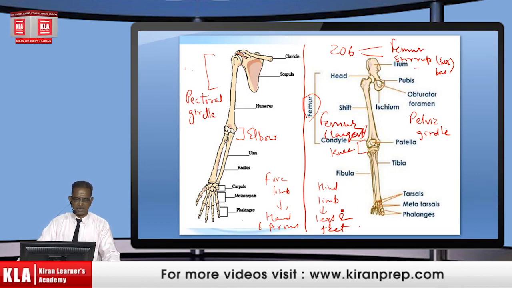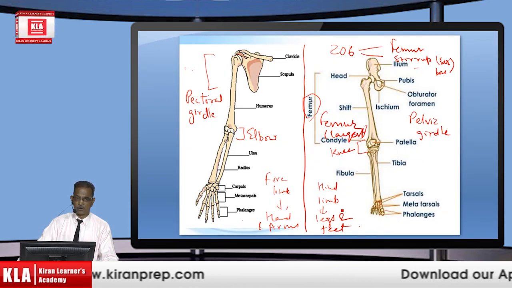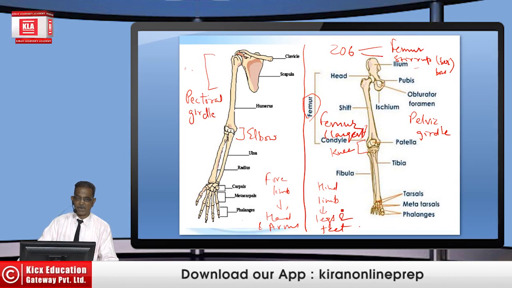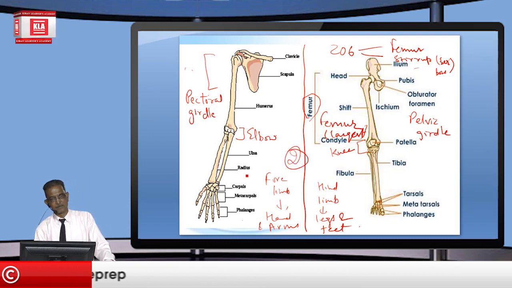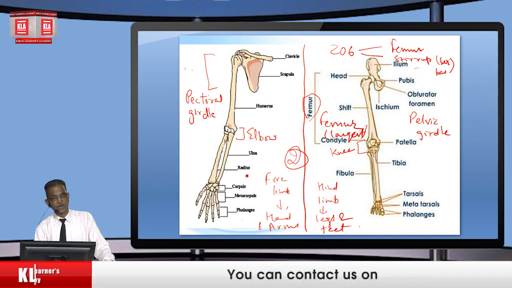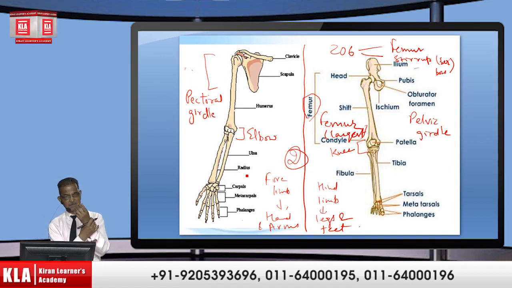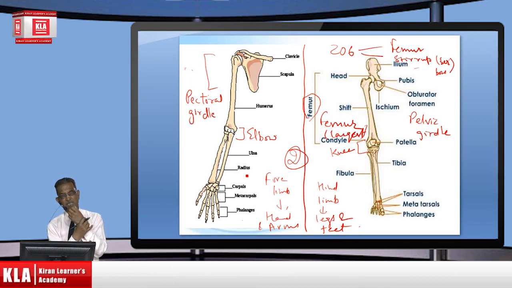Now, there is a slight difference, so let's be careful. There is a slight difference between the forelimb and the hind limb, and the difference is of two bones. If we look at the wrist, this part I am holding carries 16 bones.